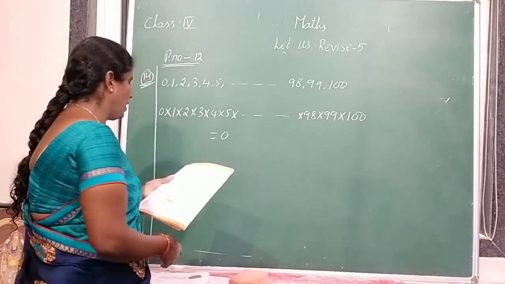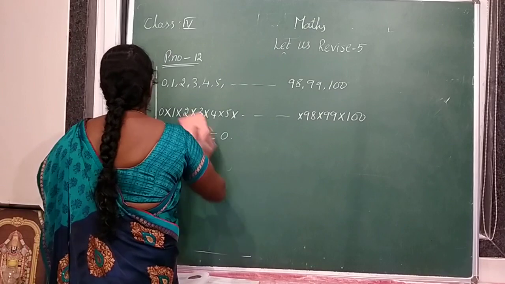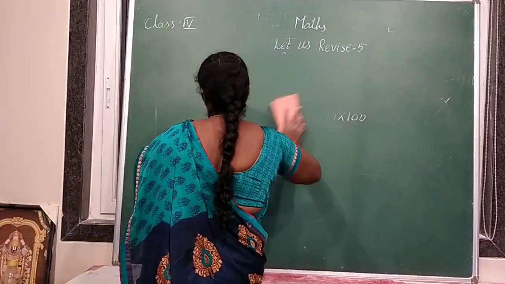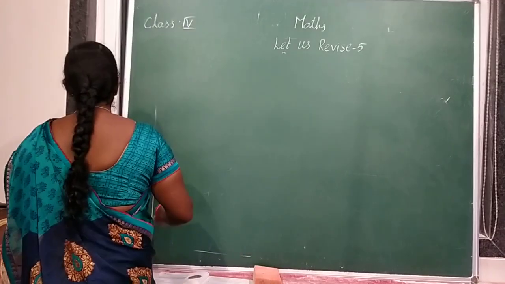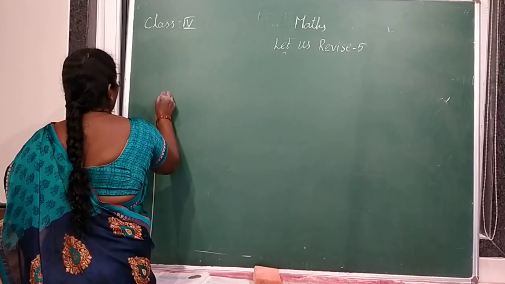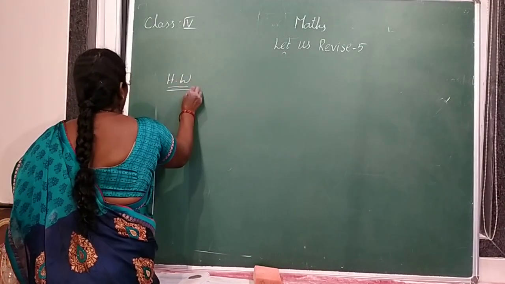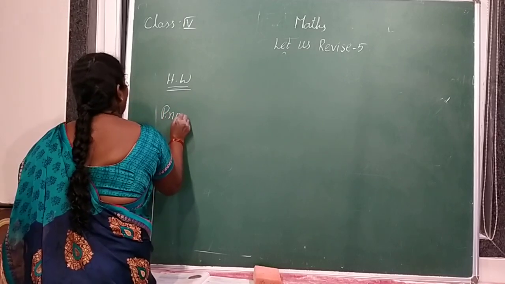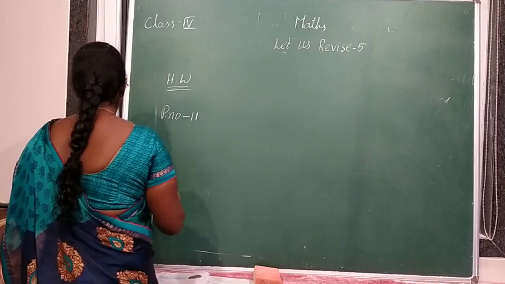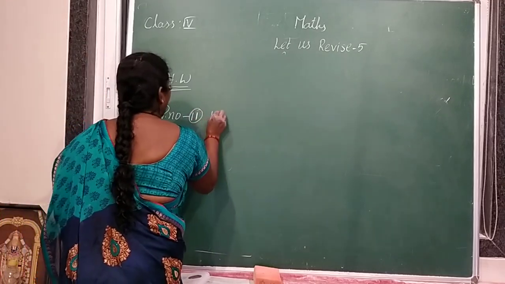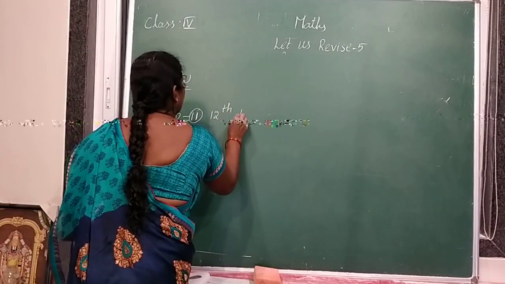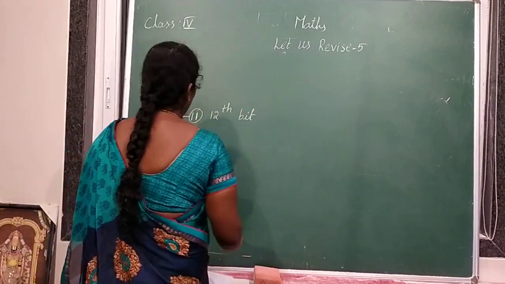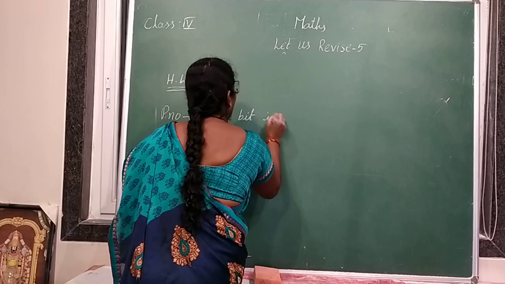Only two problems. 678 into 24. 865 into 24. Page number 11, 12th bit in workbook.